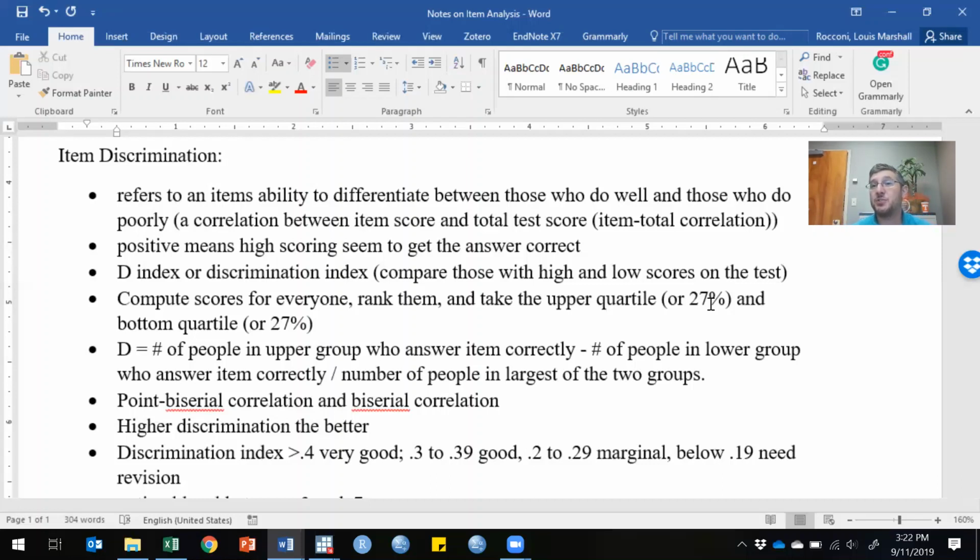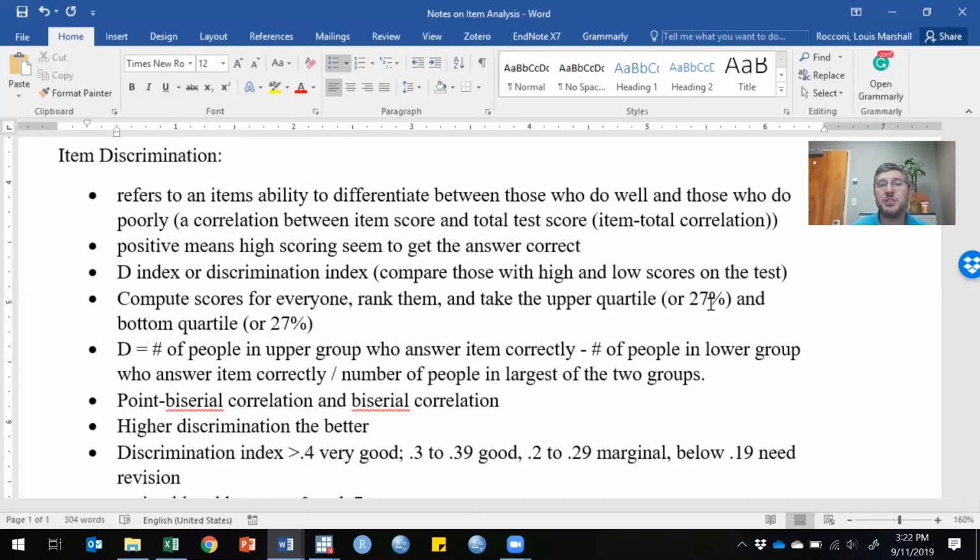A low discrimination or a negative discrimination is actually a bad thing. It's saying that those who scored poorly on the test tended to get this item correctly more often, which probably indicates something's going on with that item.